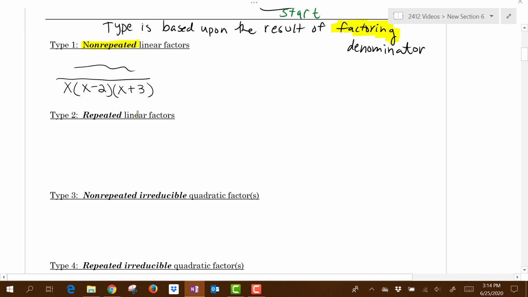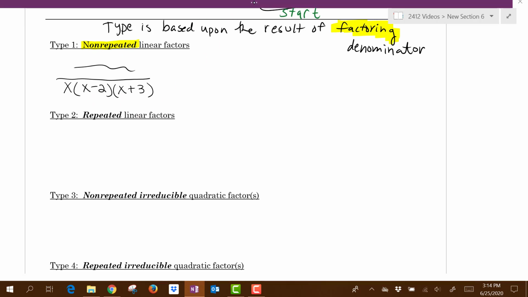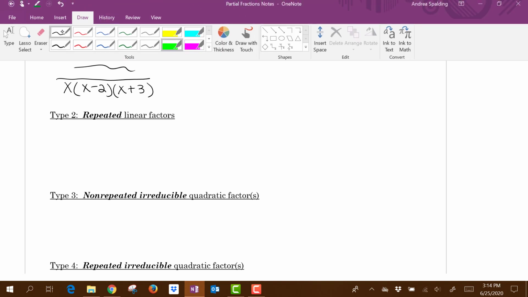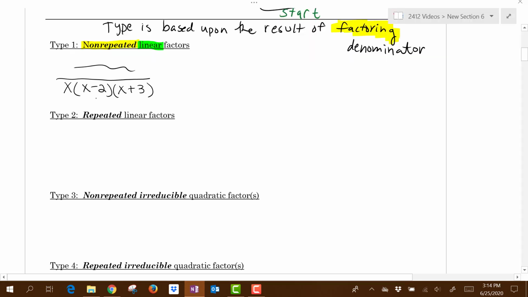So it doesn't appear more than once. What do we mean by linear factors? Linear factors means that when I look at all of these variables that appear in those factors, all of those variables are only raised to the power of 1. So when we say linear, we're looking for something maybe like x to the power of 1, very specific to having an exponent of 1.